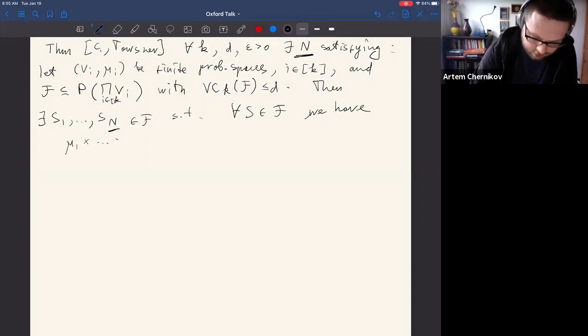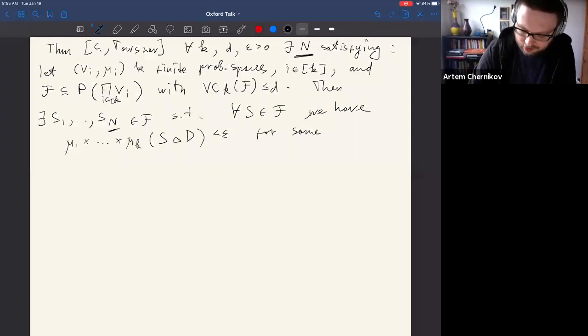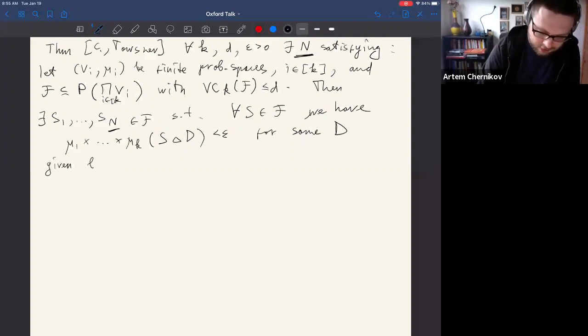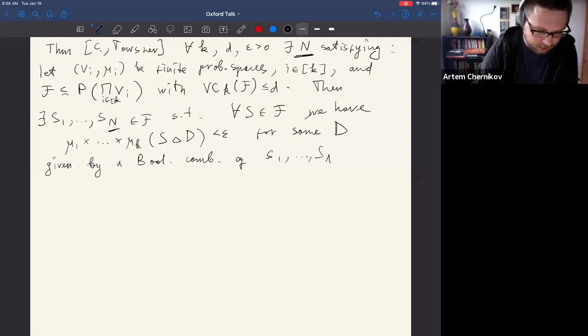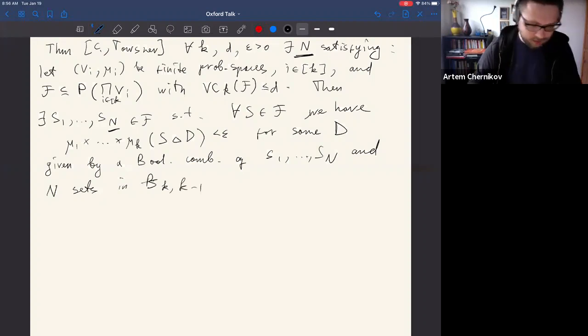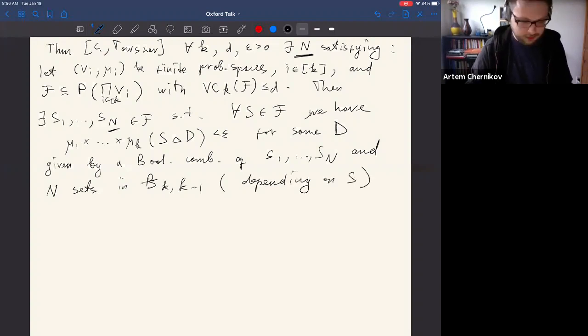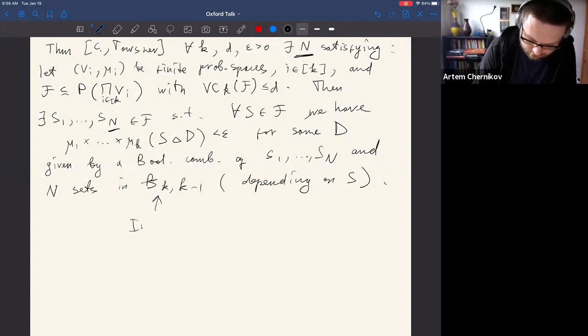So we have mu_1 through mu_k, the product measure, and we look at the symmetric difference of S with D, it is smaller than epsilon, for some set D which is given by a Boolean combination of the sets S_1 through S_n, and moreover, at most n sets in the algebra B_{k-1}, but these sets do depend on the choice of S. Okay, so in fact, we only need to consider smaller arity fibers.